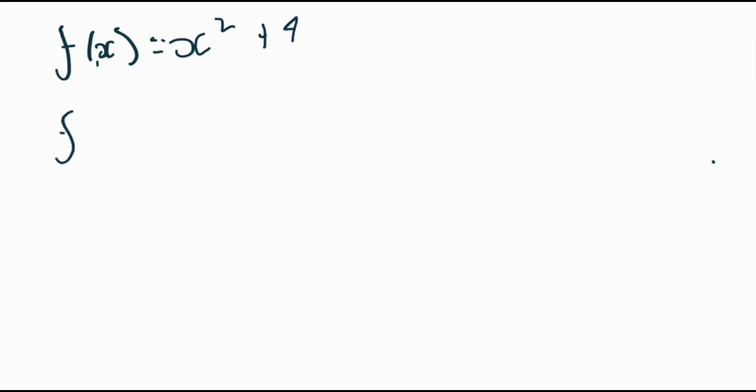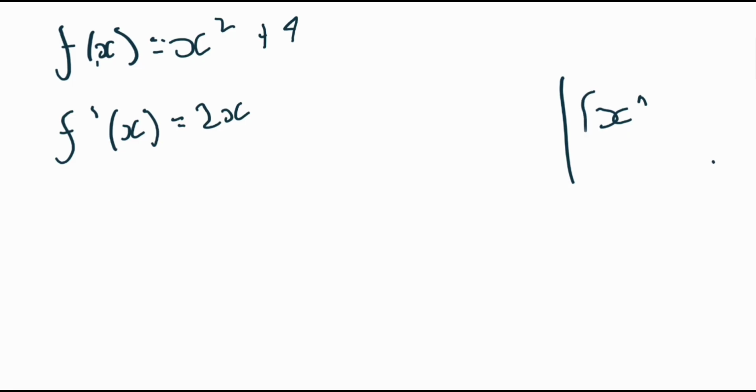So f prime of x equals 2x, as the rule is d over dx of x to the n equals n x to the n minus 1. So this becomes 2x plus 0, as any constant becomes 0.